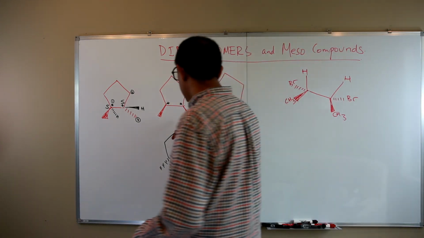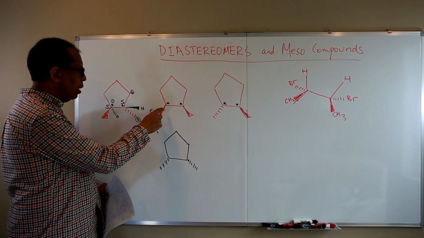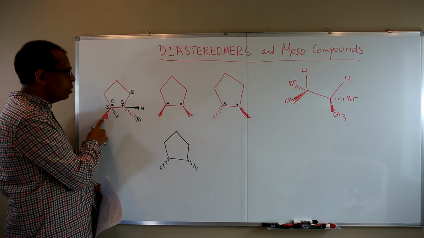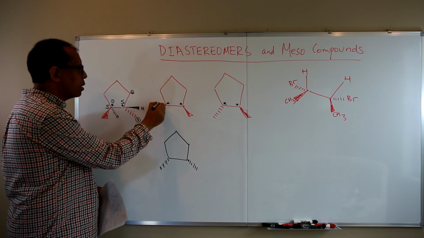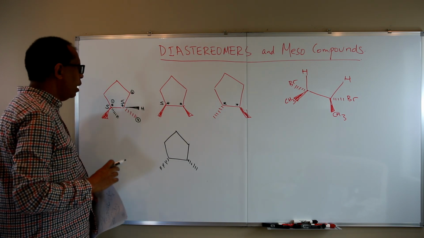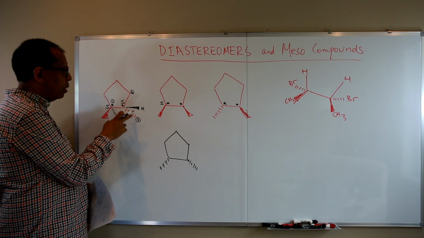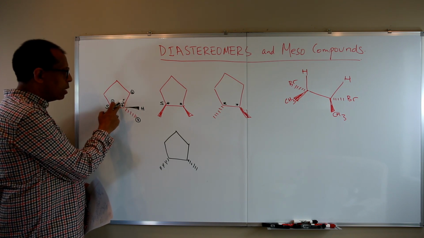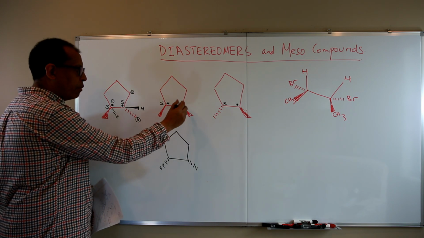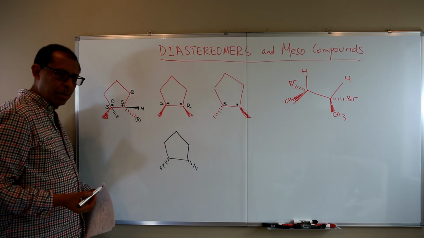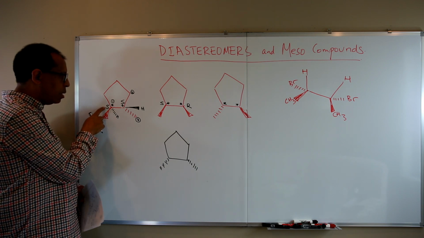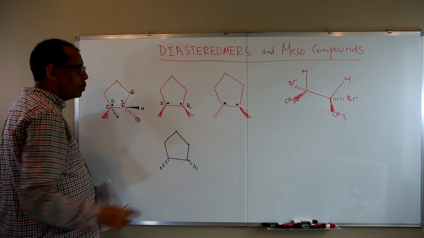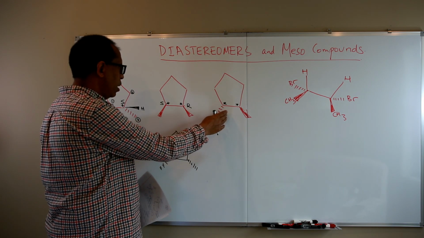Now, when it comes to this one, you have the methyl group up here, so you don't have to do anything, it should be an S, right? And for hydrogen up and methyl down, this is S, but methyl is up here, therefore this is an R, right? This is an S, this is an S, this is an S, this is an R, and now let's see here.